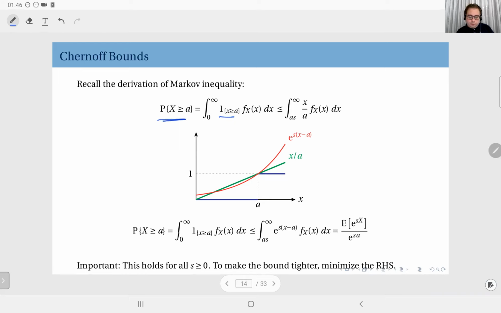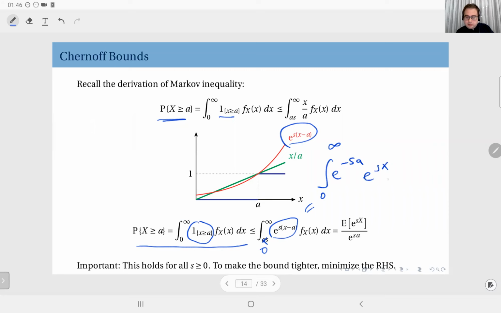Okay, so the probability can be written like this, and replace the indicator function here by this function e to the power s times (x minus a). Then what you get is the integral from 0 to infinity, e to the power minus sa times e to the power sx, the PDF dx.